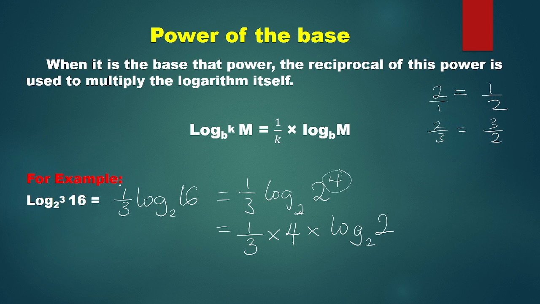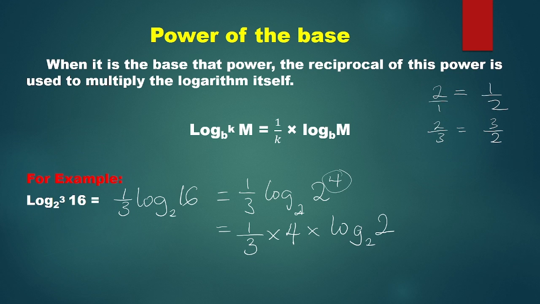What did I do? Firstly, because my base has a power of 3, and we said if a base has a power, we use the reciprocal to multiply the logarithm itself. So I use the reciprocal of 3, which is 1 over 3. That is 1 over 3 multiplied by log 16 in base 2. Then, instead of writing down 16, I wrote 2 raised to the power 4 because I'm trying to simplify this.